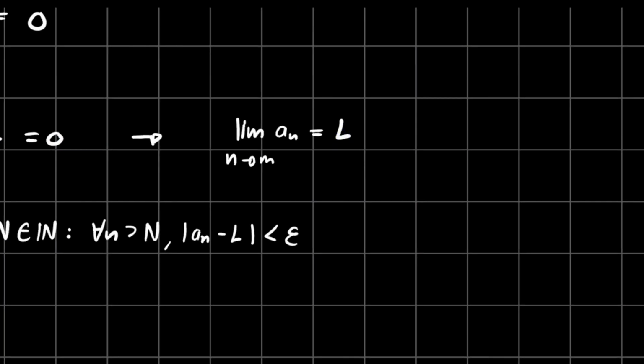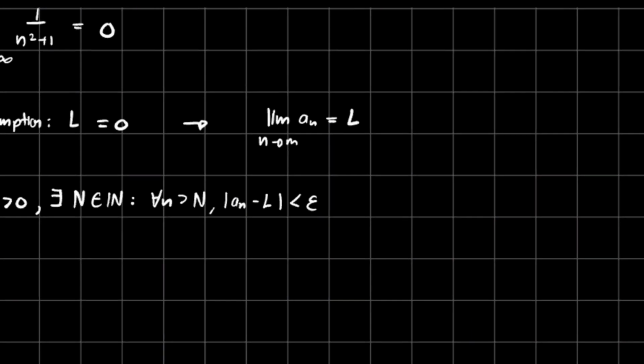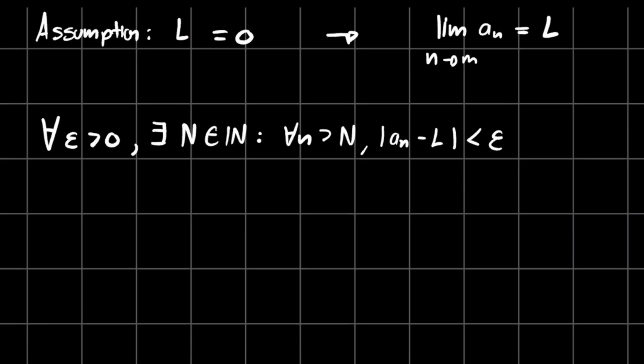And A of n minus L has to be lower than epsilon. So in this case, we can write A of n minus 0 has to be lower than epsilon.